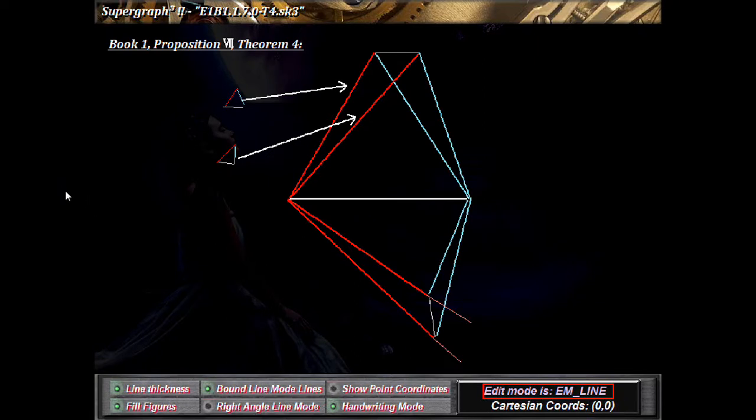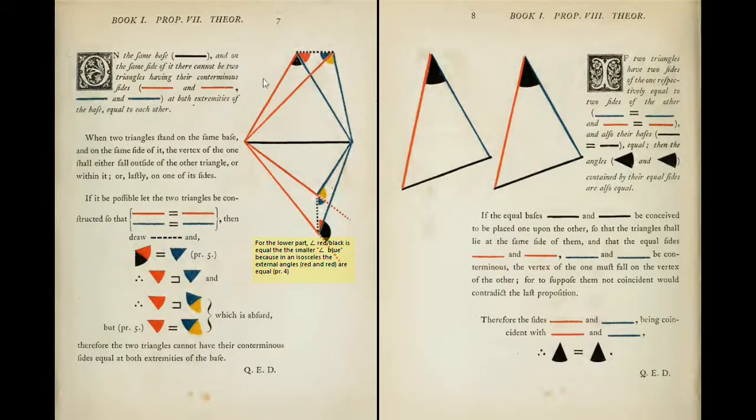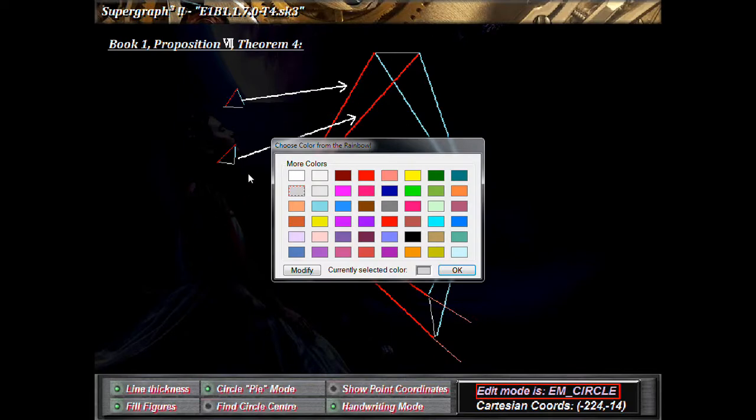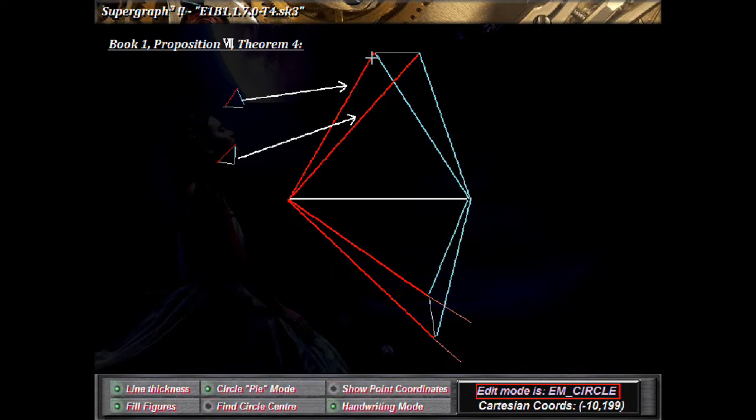Alright, now I get to try out my new angle tool. Okay, now I could indicate these angles and show off my angle tool at the same time. Hit that circle. See, I have pi mode now. White. Let's see how well it works. Ooh, pretty good. See, it made a pie.